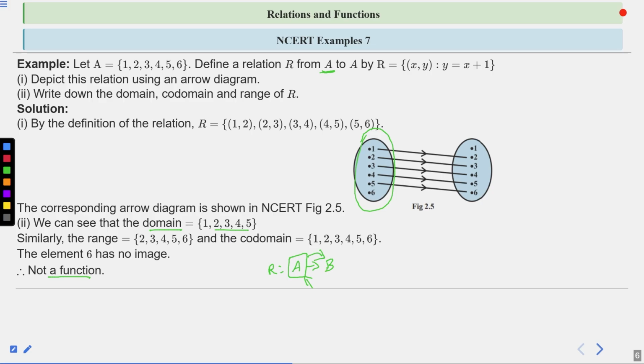Clear? But we can easily see that we do not have any element associated to this element 6. So, not a function, not satisfying the definition.